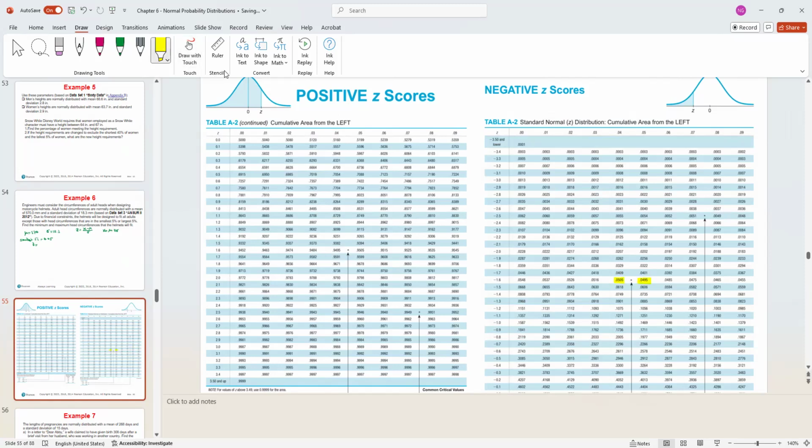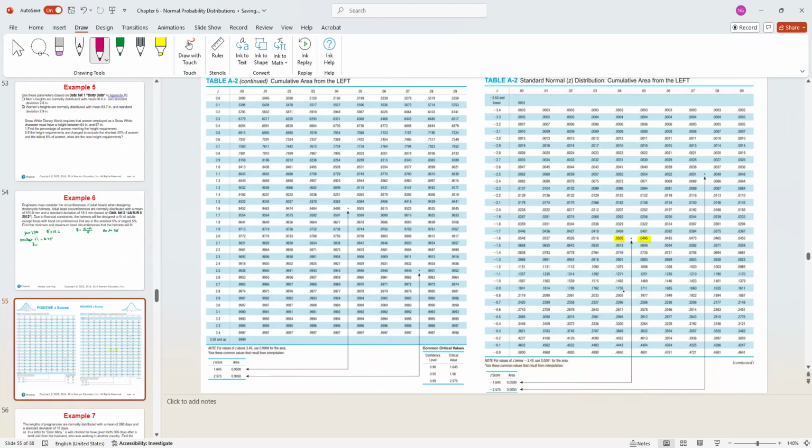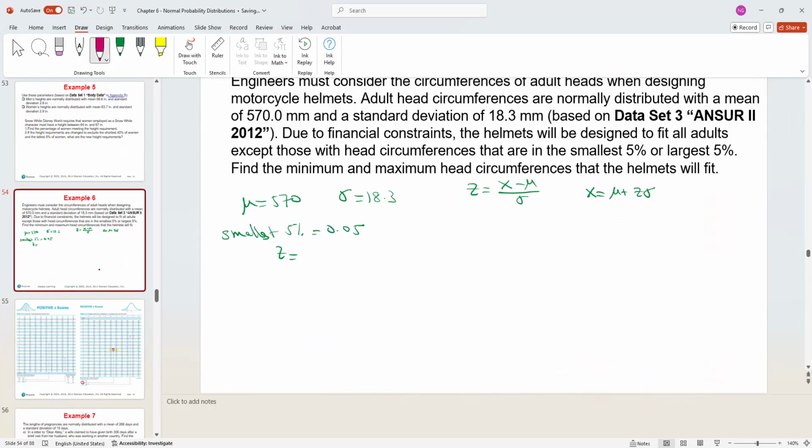The good thing with that table is it tells you if 0.05 falls exactly in the middle, it's better to take for z negative 1.645 instead of negative 1.64 or negative 1.65. Now for the top 5%, you need to do 1 minus 0.05, which is 0.95.